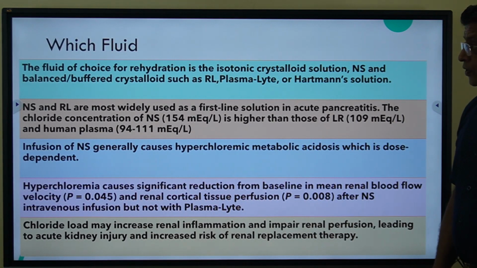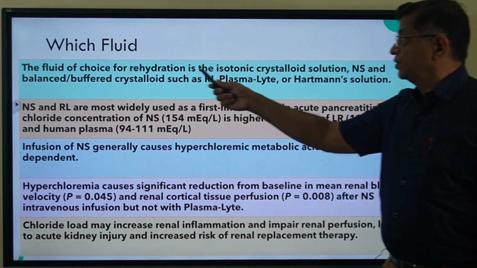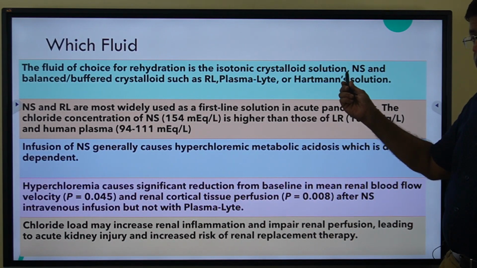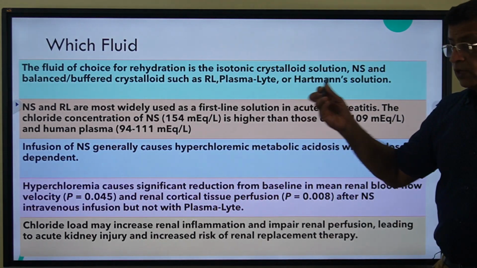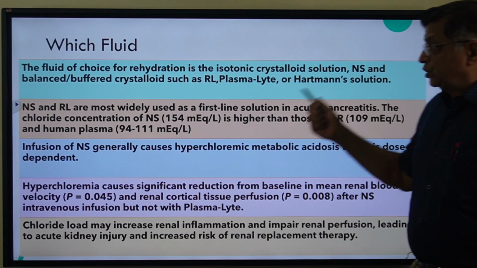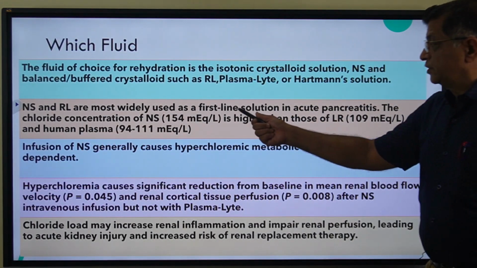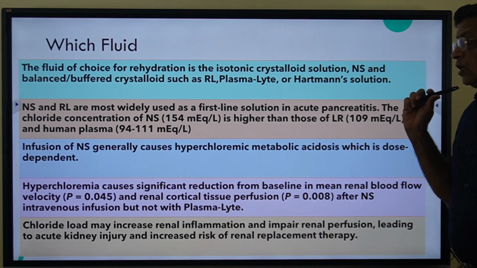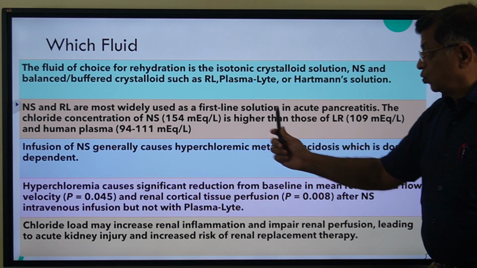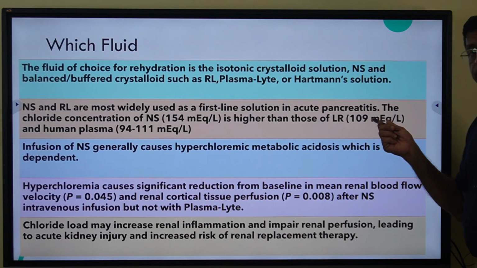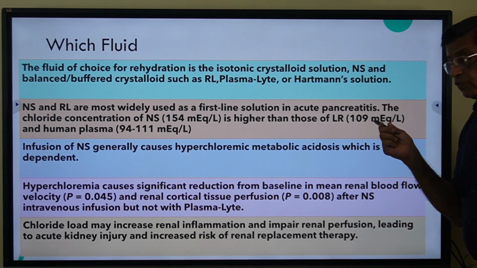Which fluid? The fluid of choice for rehydration is isotonic crystalloid solution, either NS or a balanced solution like RL or Hartmann solution. NS and RL are more widely used as the first-line solution in acute pancreatitis. The chloride concentration of NS is 154 milliequivalents, which is much higher than the chloride concentration of Ringer lactate, which is 109.